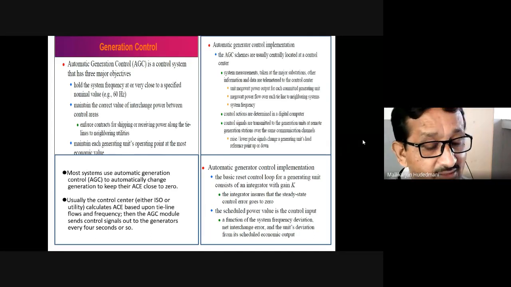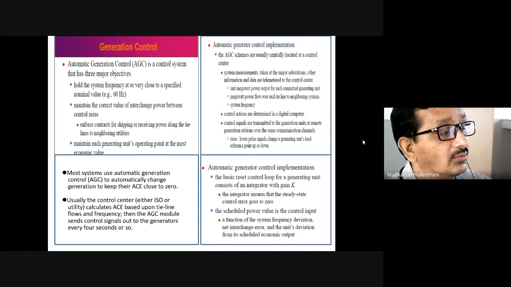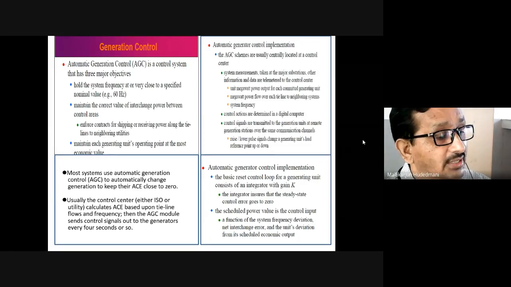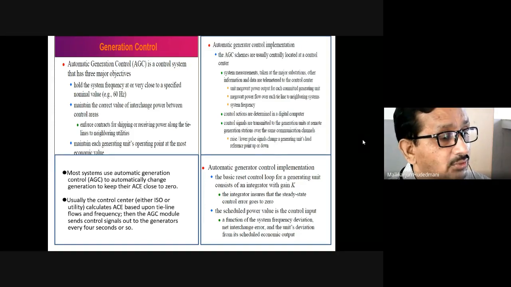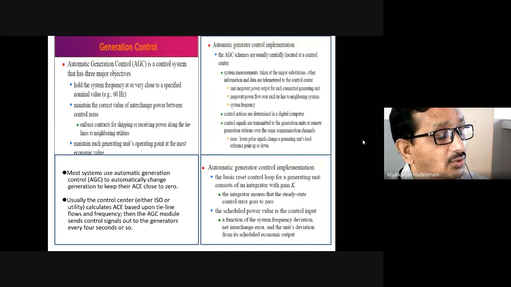What was the objective of power system operation and control? It is to generate adequate megawatt and megavolt ampere reactive, and deliver it to the end user to meet their specifications effectively, maintaining the voltage and frequency at steady state. It was the objective we defined for power system operation and control.